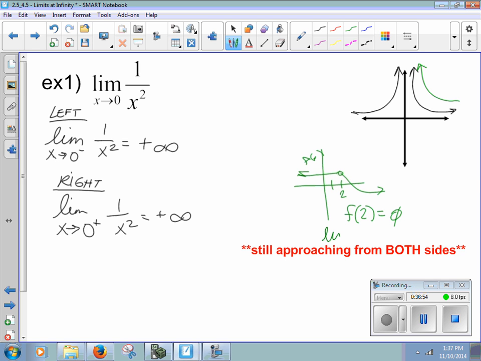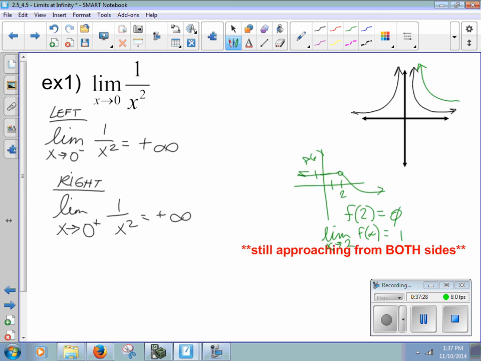However, the limit as x approaches 2 of that function, we'll say it's 1. Will my fingers ever meet there? No, but they're going to get annoyingly close.